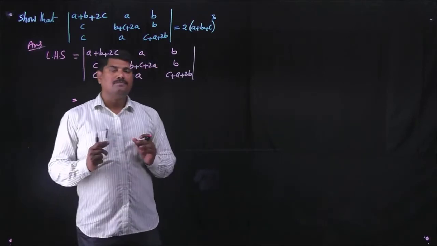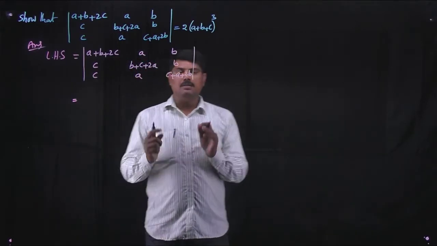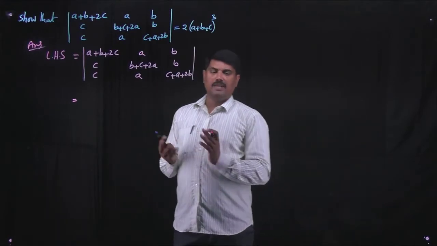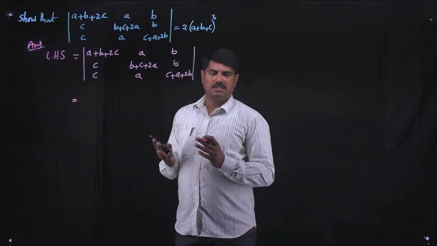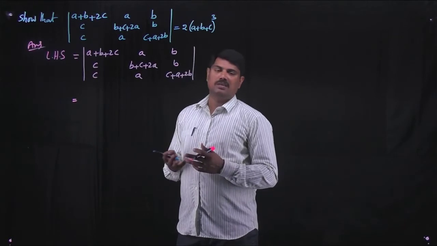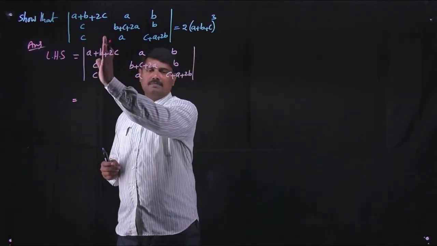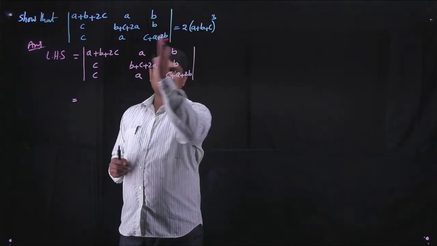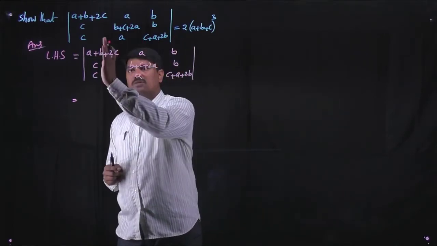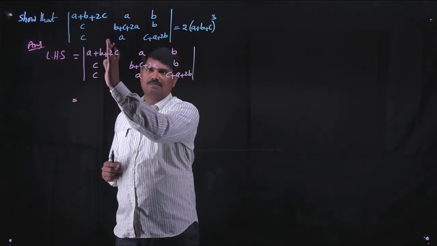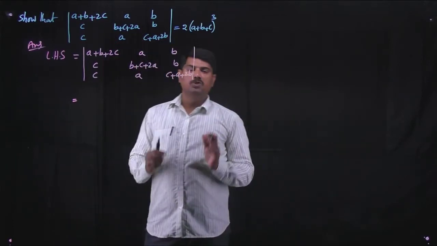Doing these problems, we may get confused whether we are adding rows or columns, which is the actual property we are applying. Observe here, this one and this one, you have to add these values. So actually this is column 1, column 2, column 3. So you will get the idea.